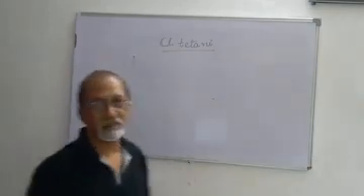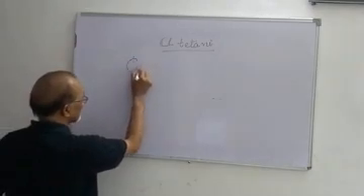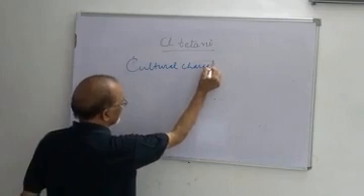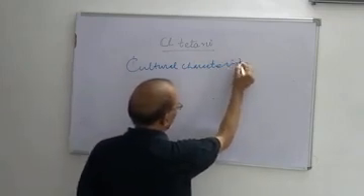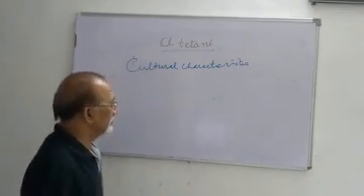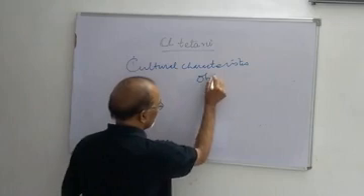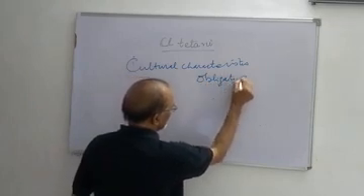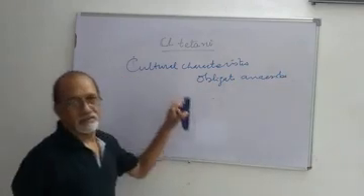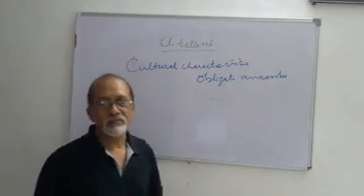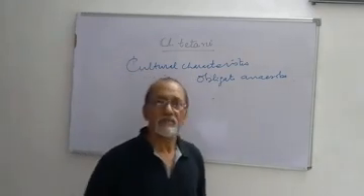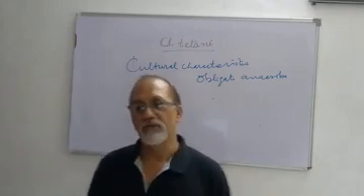And now we will discuss the cultural characteristics of this Clostridium tetani. This is an obligate anaerobe, number one, and the optimum temperature for growth is 37 degrees centigrade, and the optimum pH is 7.4.